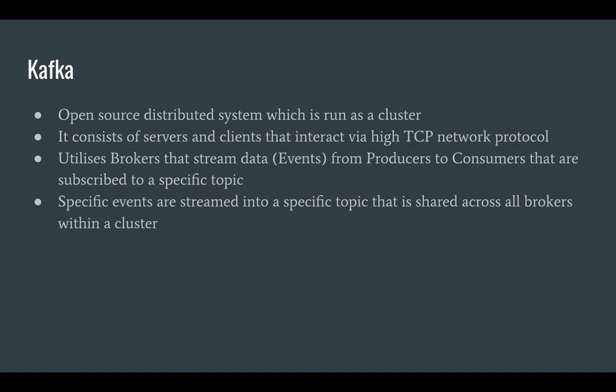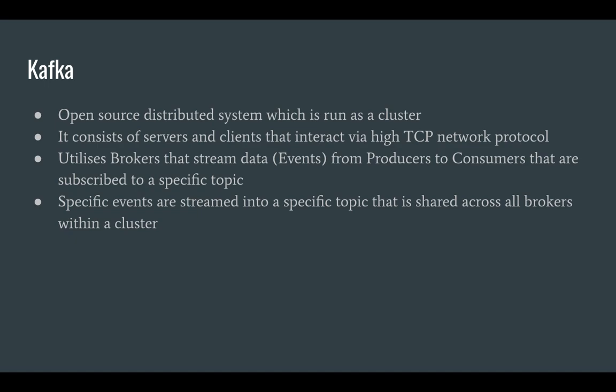So Kafka utilizes brokers that stream data or events from the producers, to the consumers that are subscribed to a specific topic. So specific topics deal with specific events, and that keeps the process cleaner because you know what particular event does based on the topic that it's subscribed to. So specific events are streamed into specific topics that is shared across all brokers within a cluster.